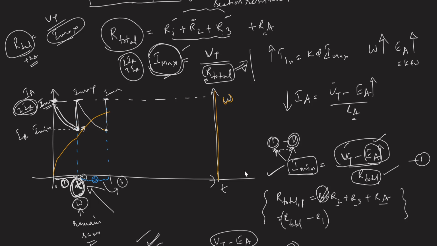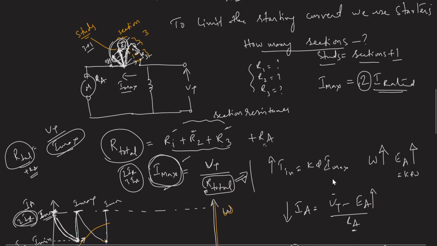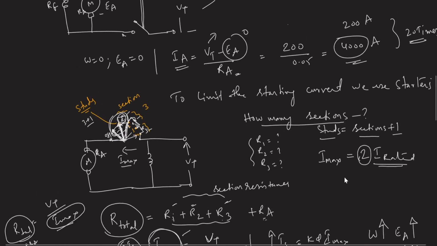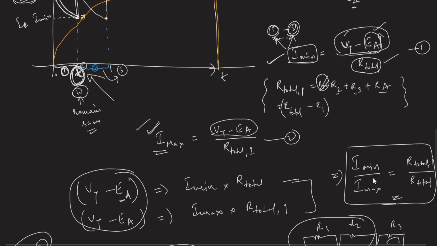Once I know the number of sections, how do I calculate the sectional resistance values? From these equations, I minimum by I maximum is equal to R total 1 by R total. With this relationship I can calculate the sectional resistance.